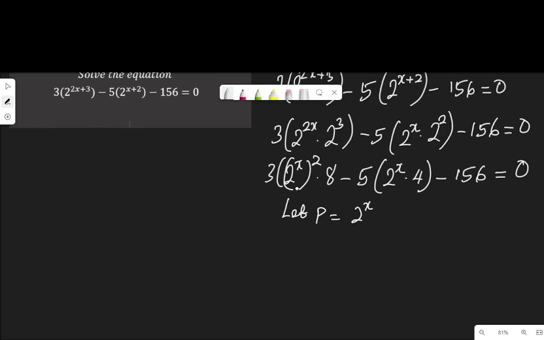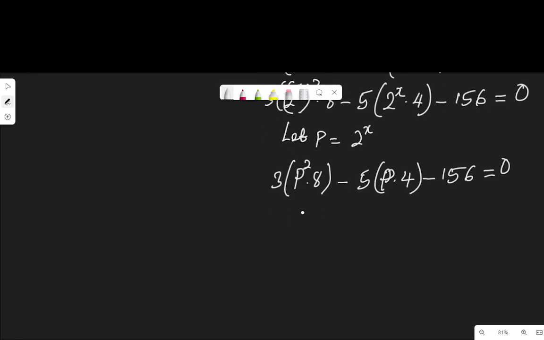So the equation becomes 3(p squared, multiplied by this 8), minus 5(p multiplied by this 4), minus 156 equal to 0.